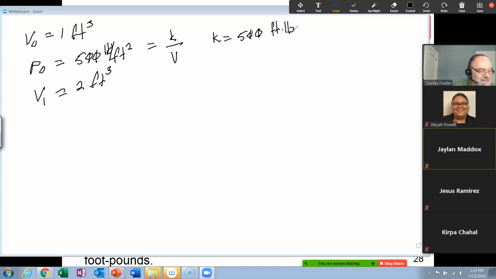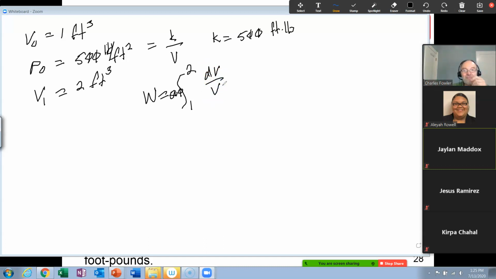Okay, that's your K, which is interesting because they don't put the units down with it, they just put 500. So the work done by the gas, by the formula they just came up with, is work equal to the integral from V0, 1 cubic foot, to 2 cubic feet of this constant 500, which I just assume is in foot pounds, times dV over V.